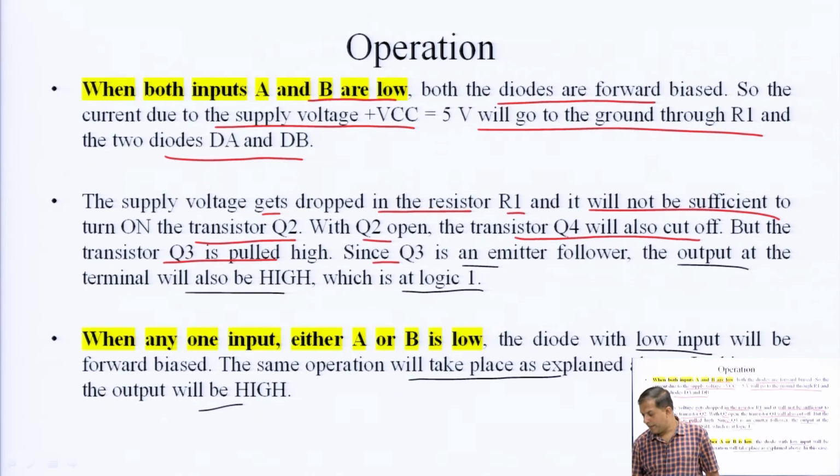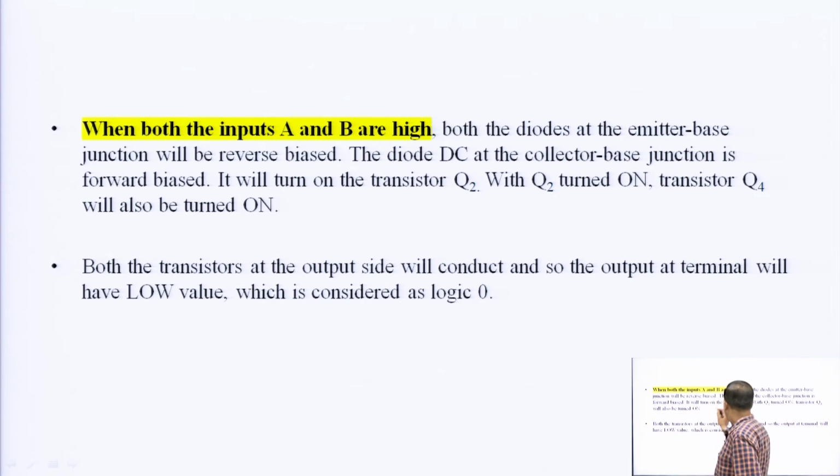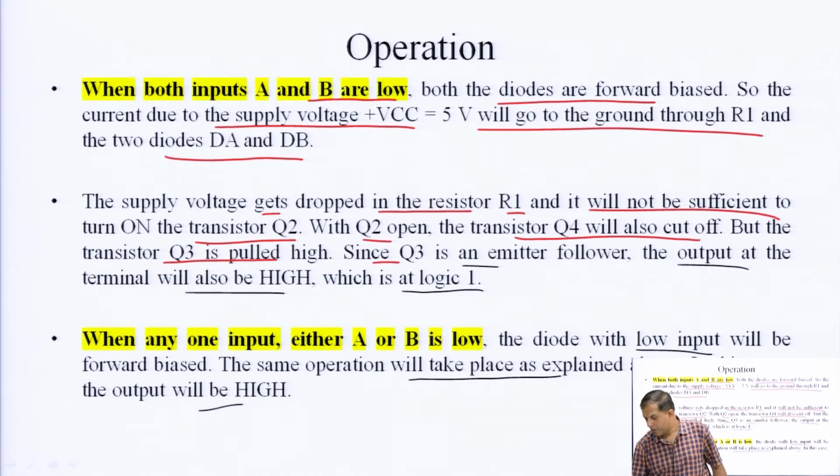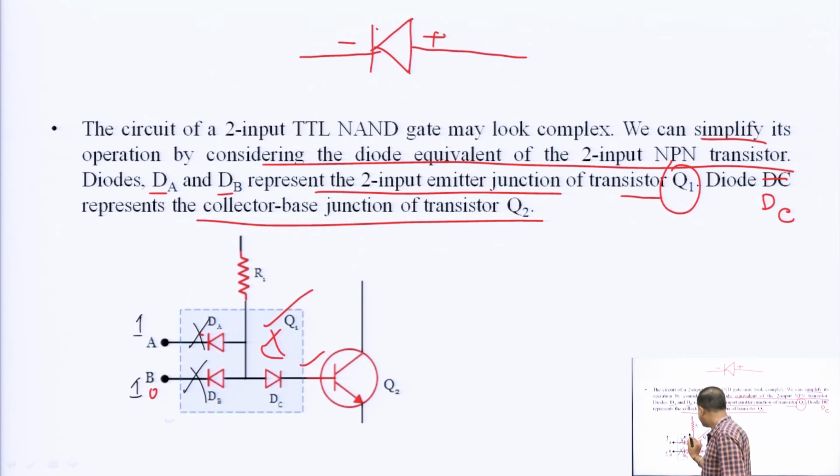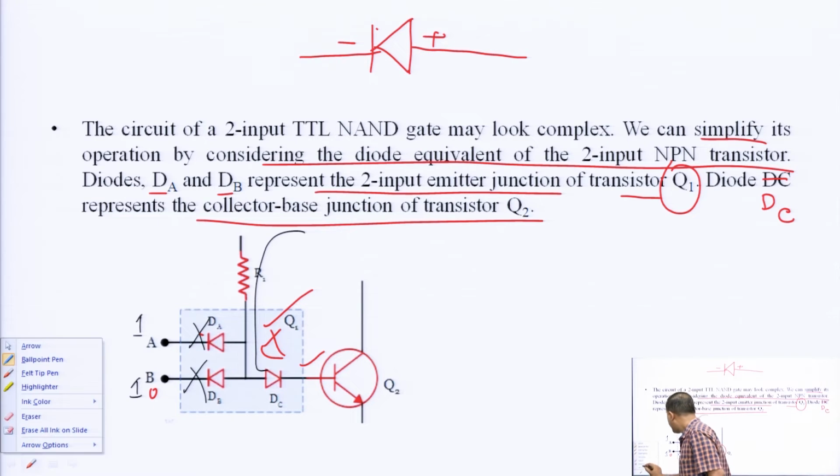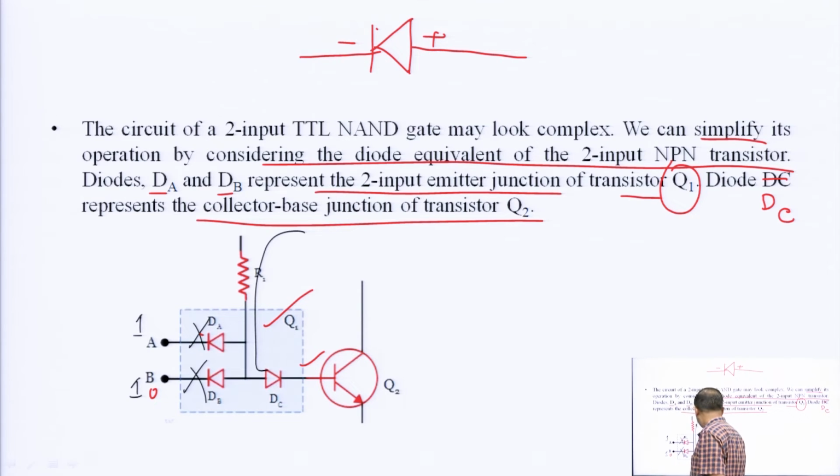The diode DC of the collector base junction is forward biased. But here you can see that these are not working, so the current will come to this side. So, now what will happen? DC will be working.